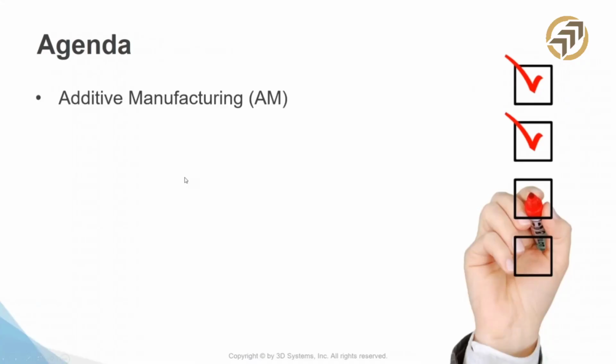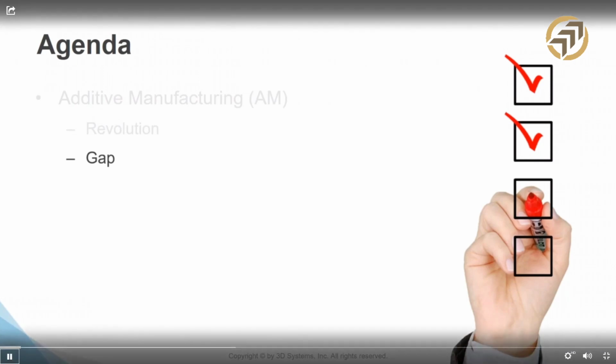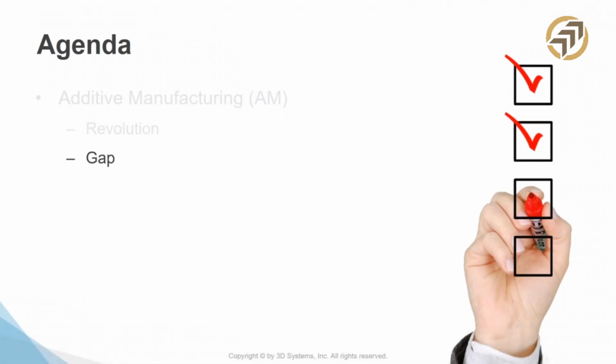There are so many issues relevant for additive manufacturing, so it was really difficult, but we had to pick only a few for today's webinar. We'll start with a few words about why additive manufacturing is a revolution. We'll then explain what the additive manufacturing gap is and what it takes to get from a 3D CAD model to a ready-to-print model and then to an optimized model.